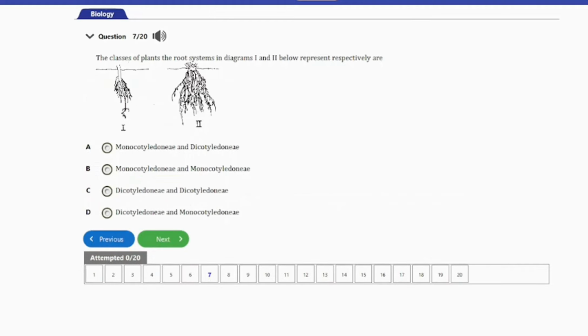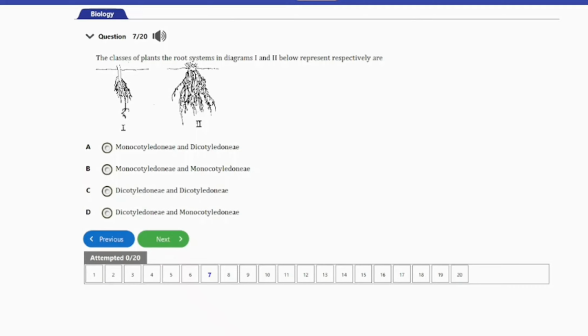Question number 7 here. It says, the classes of plants the root system in diagram I and II below represents respectively are A. Monocotyledona and dicotyledona. B. Monocotyledona and monocotyledona. C. Dicotyledona and dicotyledona.